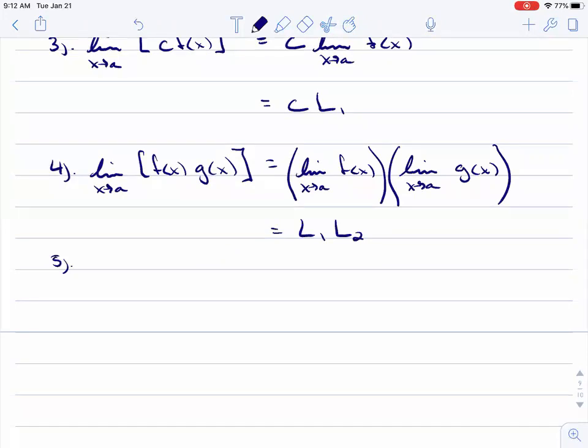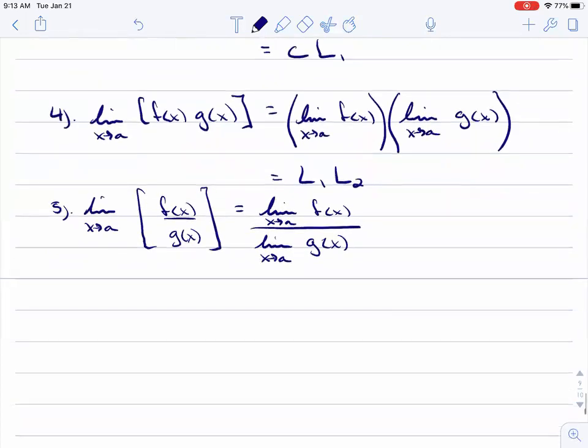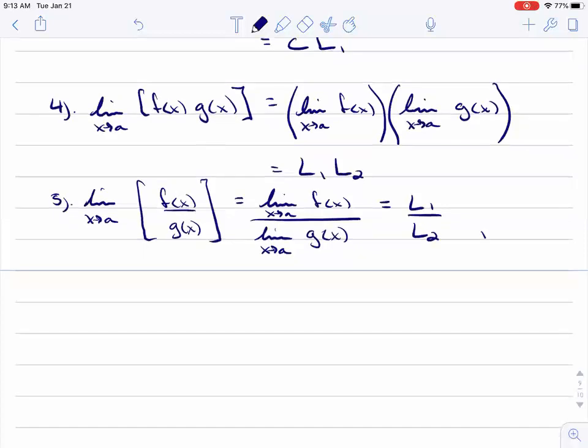Same thing goes for division. The limit as x approaches a of f of x divided by g of x is the limit as x approaches a of f of x over the limit as x approaches a of g of x, which, because I've got a page break here, I'm going to keep writing here, is the same as L1 over L2 if L2 is not equal to 0, right?